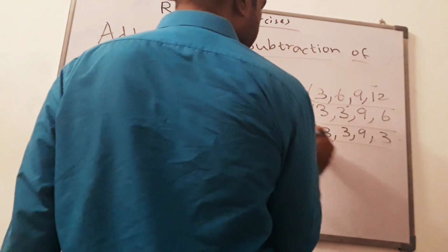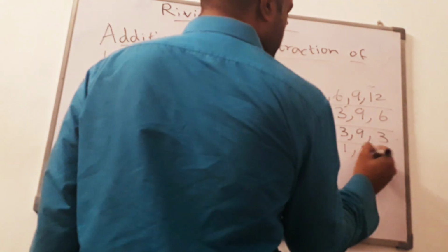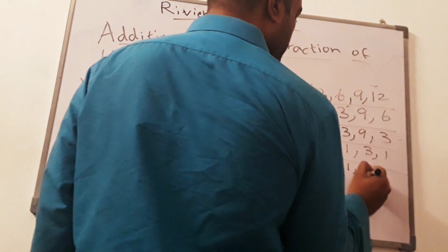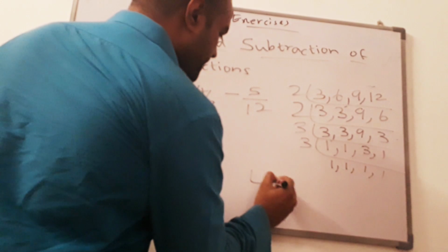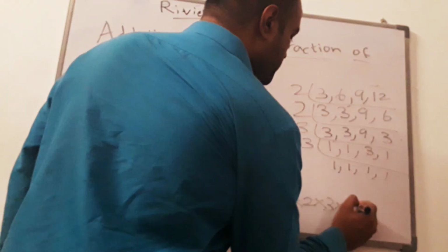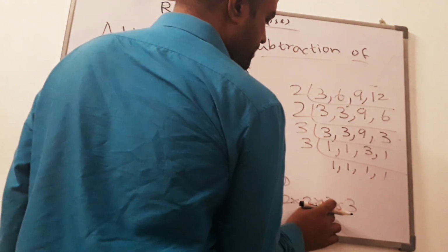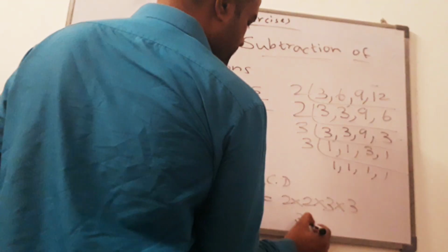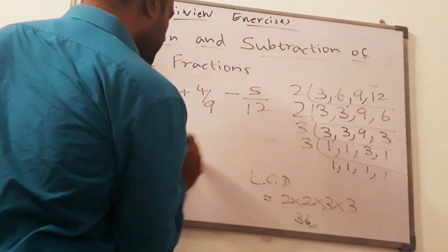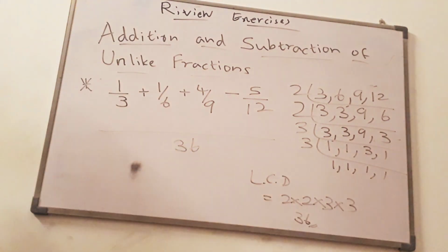Now all are divisible by the next prime factor, which is 3. 1, 1, 3. And to remove this 3, again we can divide by 3. 1, 1. So least common denominator here means 2 times 2 times 3 times 3. 2 times 2 is 4, 4 times 2 is 12, 12 times 3 is 36. So our least common denominator is 36. So we can take 36 as the common denominator.